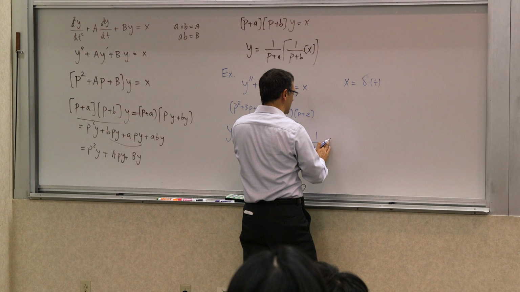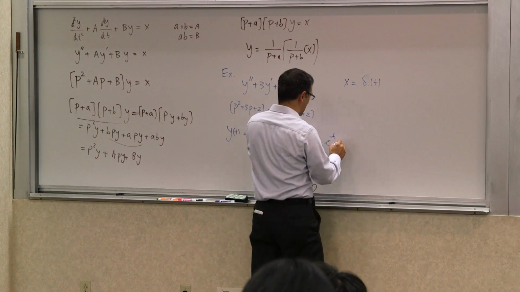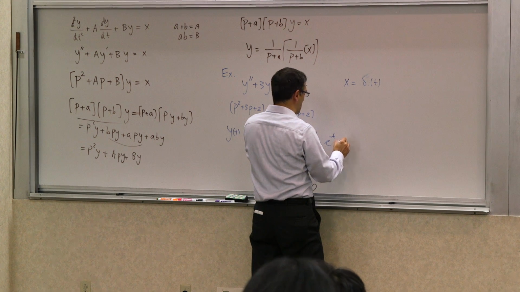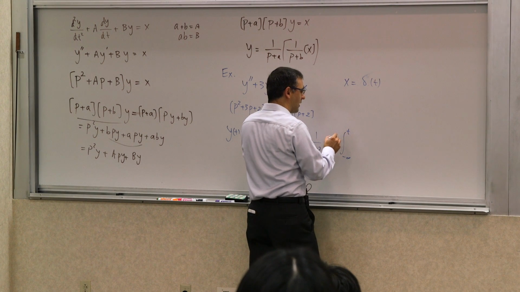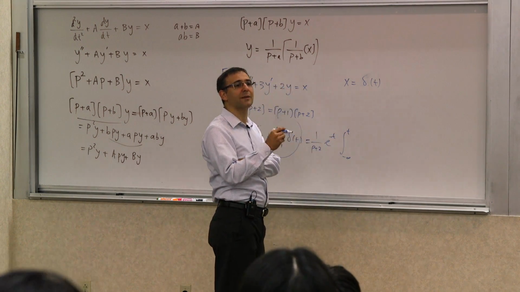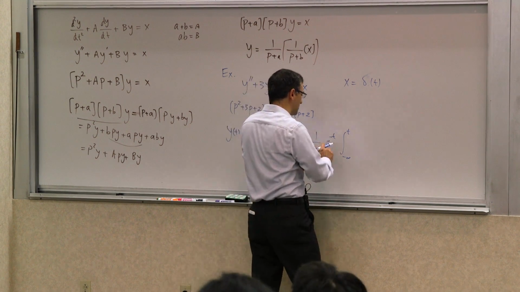E to the negative t, because a is 1. And then, 1 over p. You can write as 1 over p, or you can write as the integral. Eventually I would like you to start thinking as 1 over p, not write the integral every time. But for now, just till we get used to it, let's do it that way.